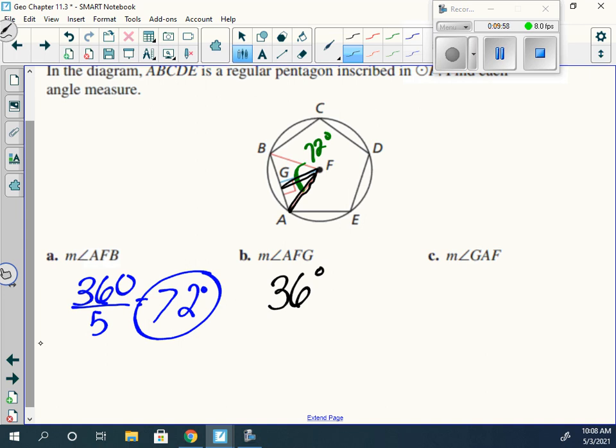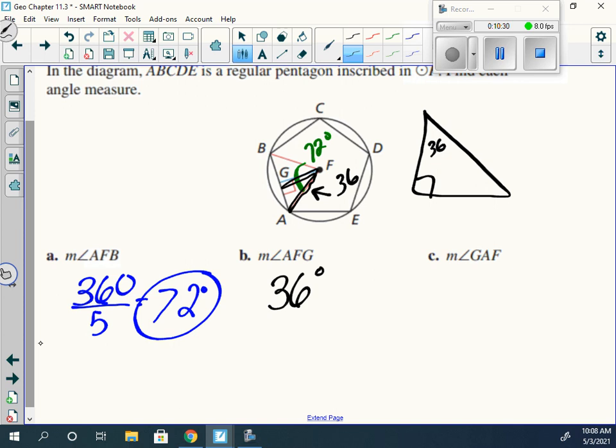It cuts it in half. When we talk about bisecting something, we're talking about cutting it in half. So the apothem will always cut this angle in half. So GFB and GFA, both of these are going to be 36 degrees. So really inside of this polygon, we do have a triangle that's 36, 90, because we've broken it in half.